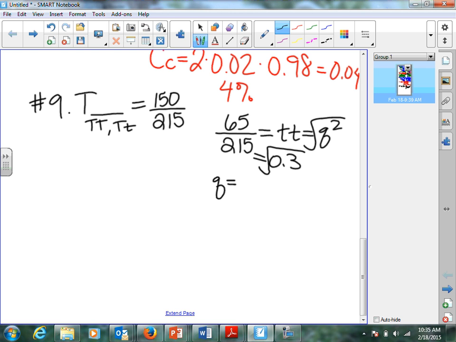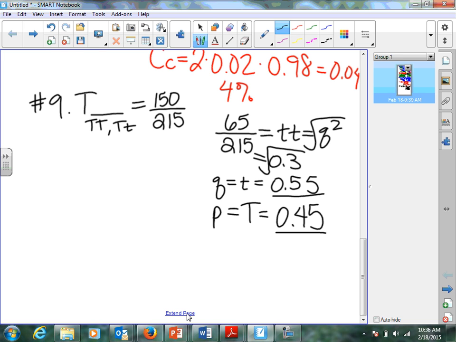I get q, which is little t, equals 0.55. And then from there I can figure out p, which is big T, by taking 1 minus 0.55, which gives me 0.45. And from there I can figure out everything else.